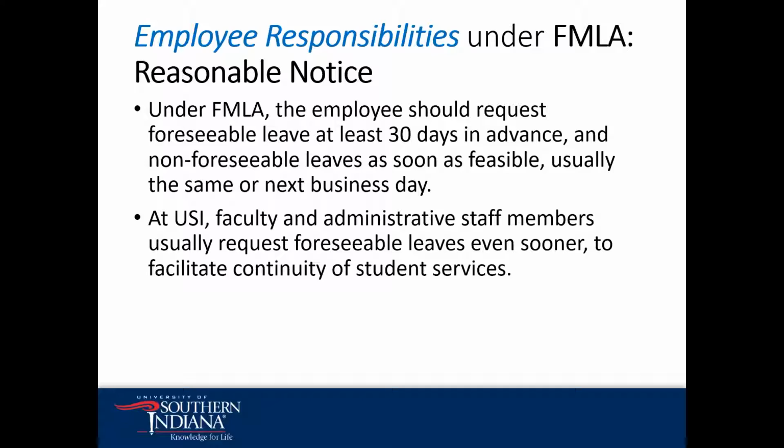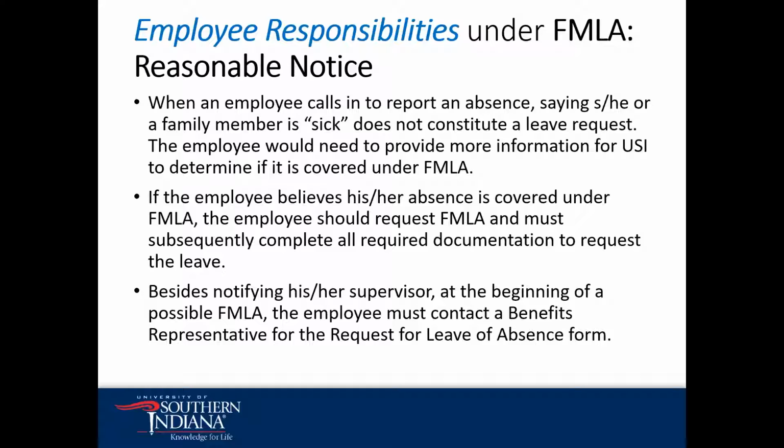Make sure they try to get the information to us either the same day or the next day. Faculty and administrative staff usually request more timely notice, if possible and foreseeable, due to the scheduling of sessions and terms. As you know, we have to have our schedules in advance. So that's where we need timely notice, if possible.